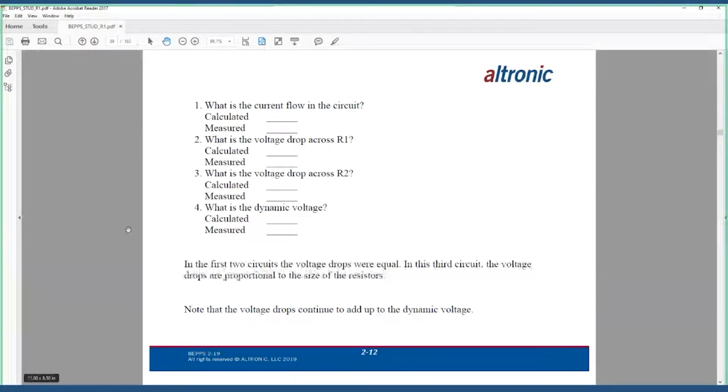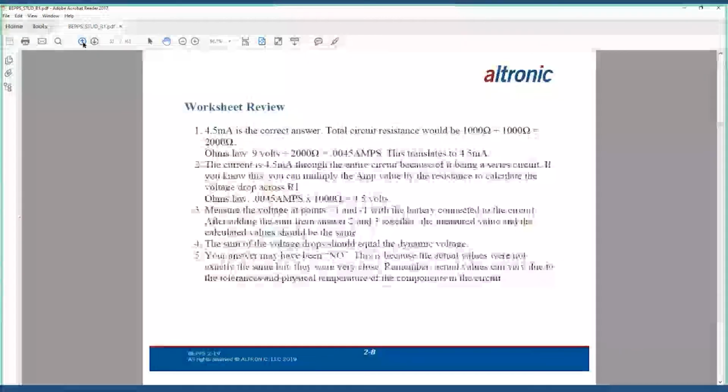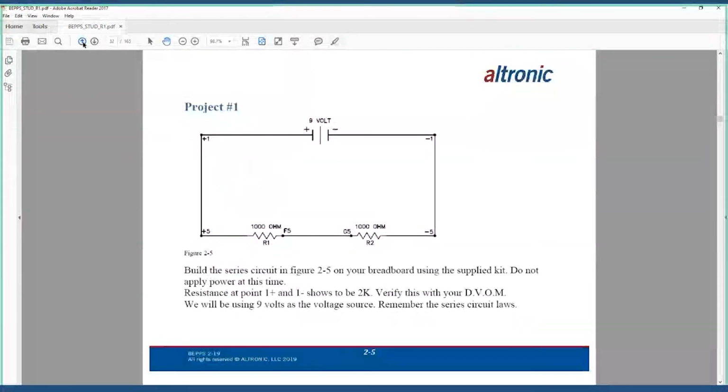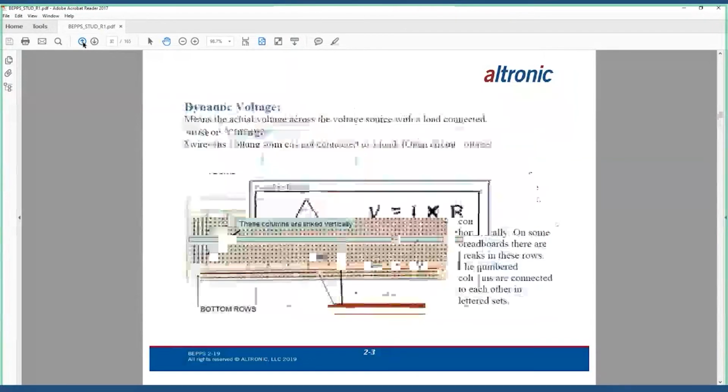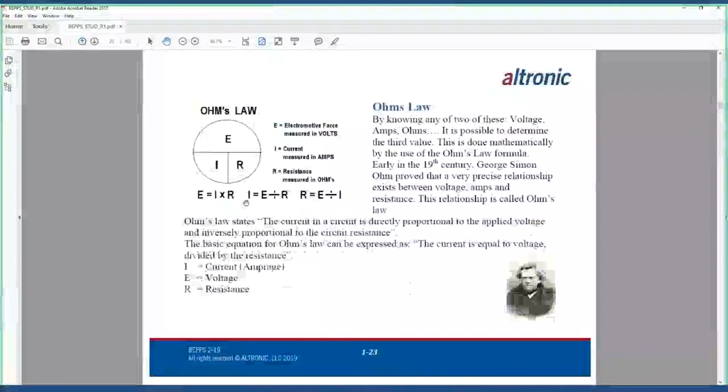Let's go back and double check our formulas and make sure we're doing it right. So we want to find our amperage. So amperage equals our voltage, which is 9 volts, divided by our resistance. So we've just qualified that first check.